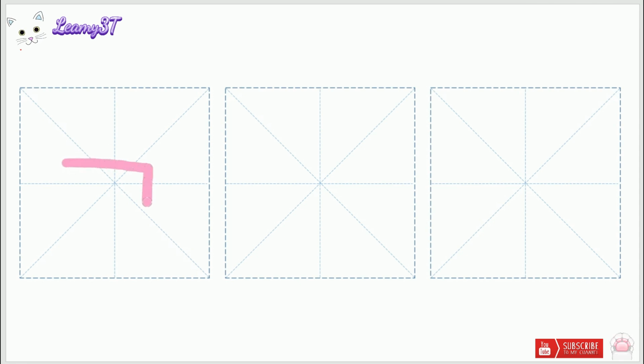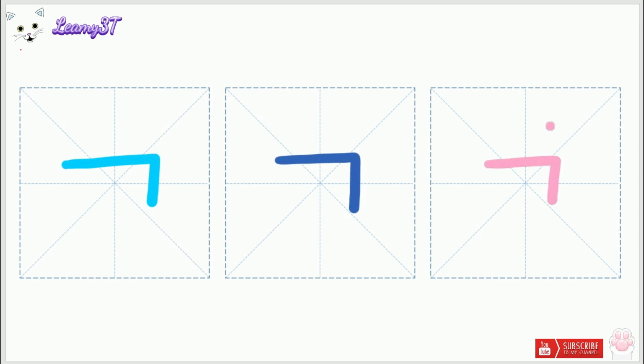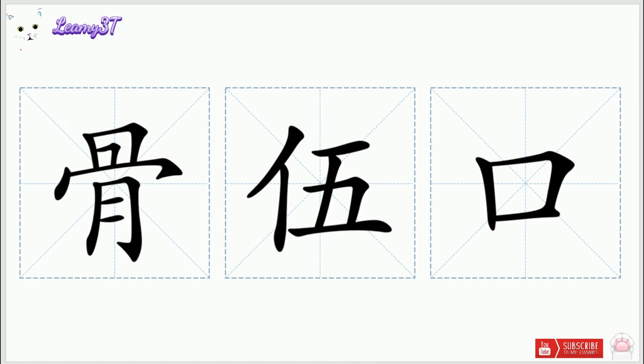横折. 横折. One more time. 横折. Again. 横折. Please find all the 横折 within 10 seconds.